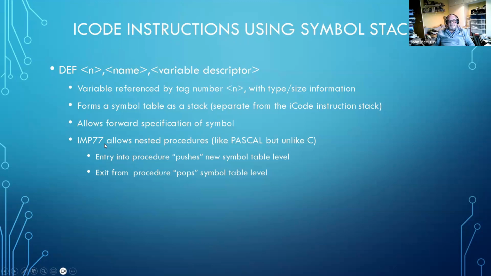As I mentioned, Imp allows nested procedures, which is like Pascal, but not C. So you could write an Imp program with a flat structure, like a C structure, but you'd have to then be careful about namespaces. Entry into the procedure pushes the new symbol table level, and when you exit the procedure definition, it'll pop that symbol table level.